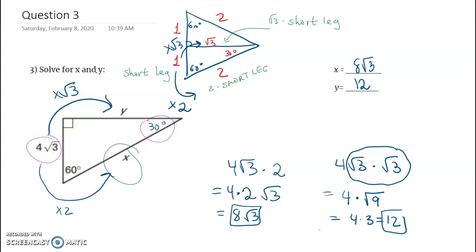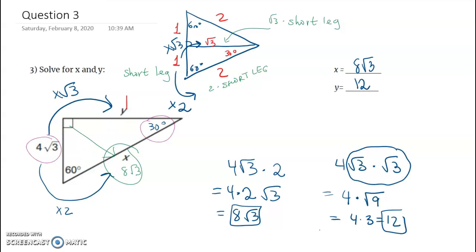This, which we got to be 8 root 3, has to be the longest because it's across from the largest angle. And then 12 would be your middle number because it's across from your middle angle. So that's a good way to just quickly assess if things make sense. You might need to use your calculator to get a decimal if you're not sure about the value of the number. So that's one way.